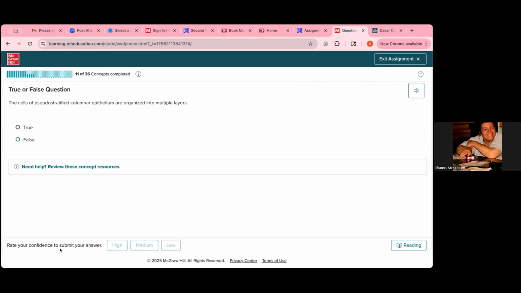The cells of pseudostratified columnar epithelium are organized into multiple layers. I think this is false. They look like they are. Remember, we talked about this yesterday, but that's why it's pseudostratified, false stratified. It looks like it is organized into multiple layers, but it isn't. So that's false.